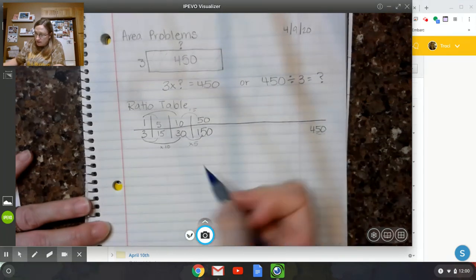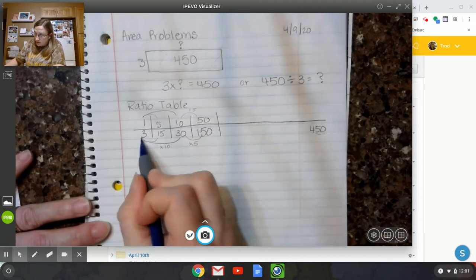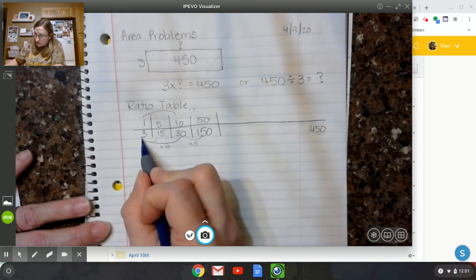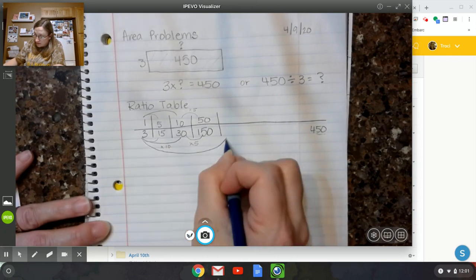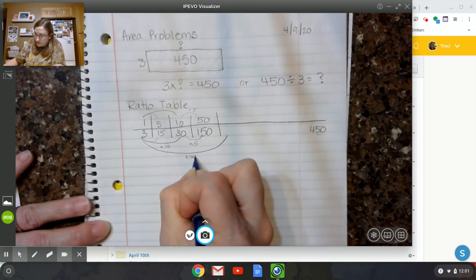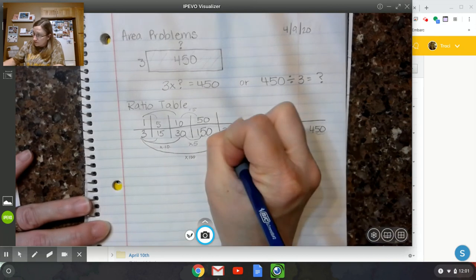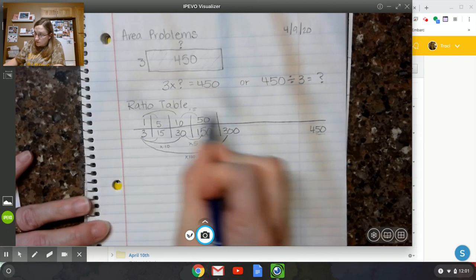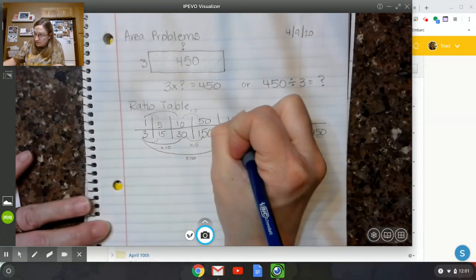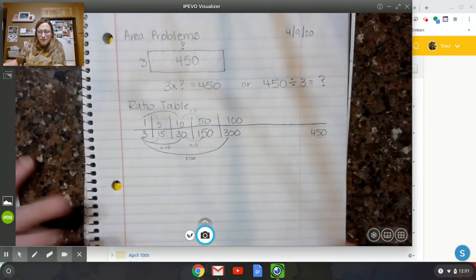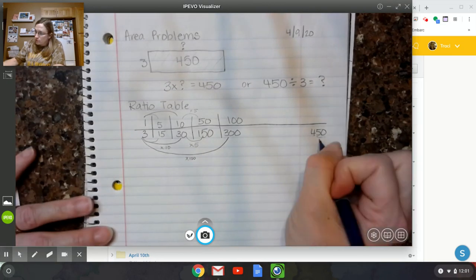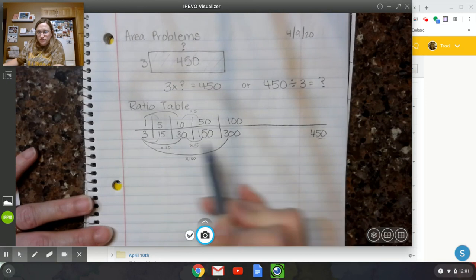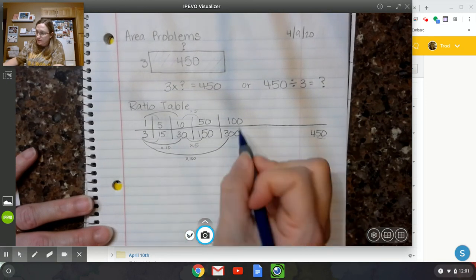Now look at this. 3 times 10 was 30. What about if I do 3 times 100? What do I get? I get 300. I multiply the 3 by 100, I have to multiply the 1 by 100, and I get 100. Great, but how does this show me division? Well, remember, we said we were trying to get to 450. Do you see anything in our ratio table that can get to 450?